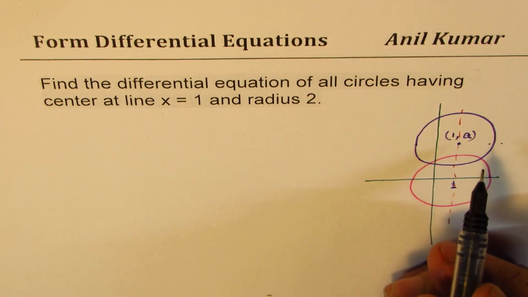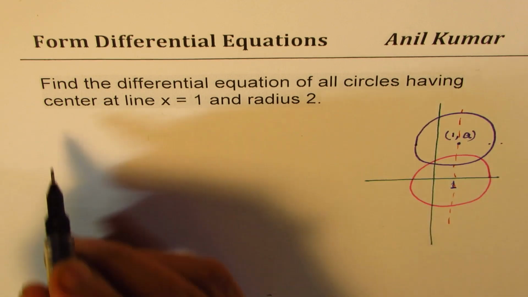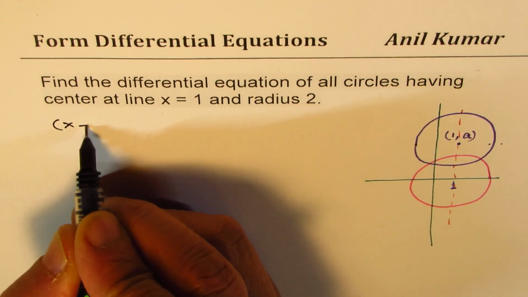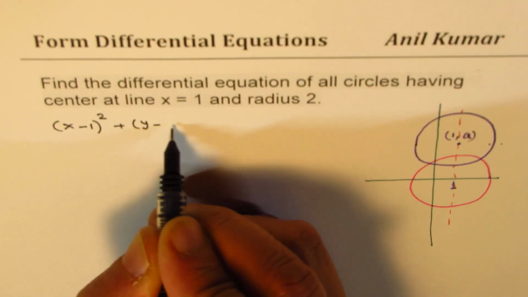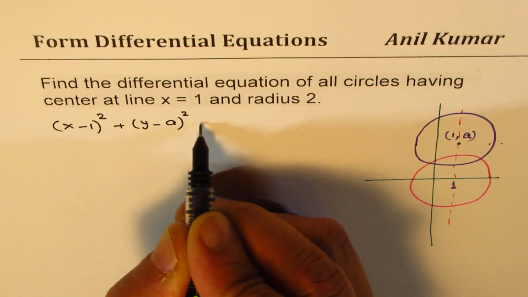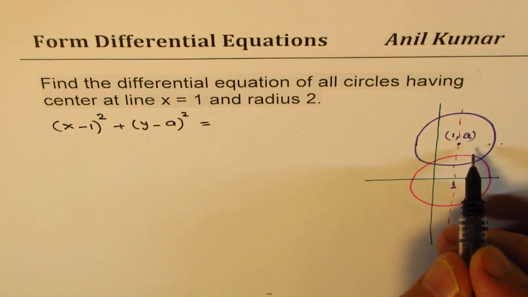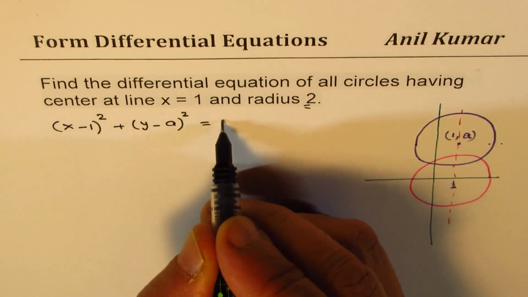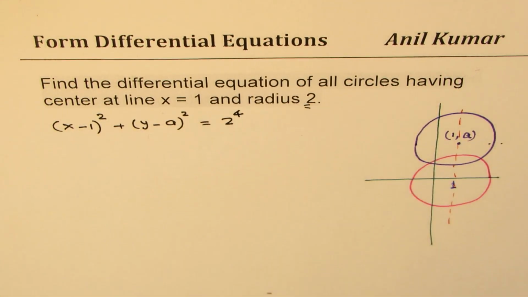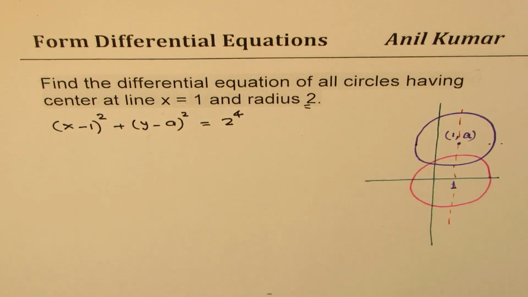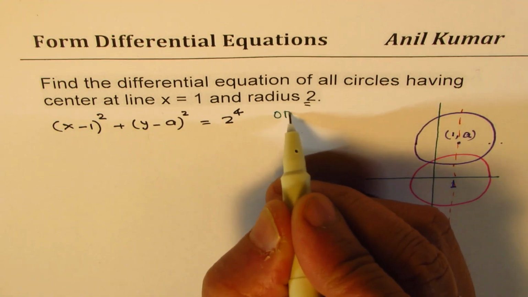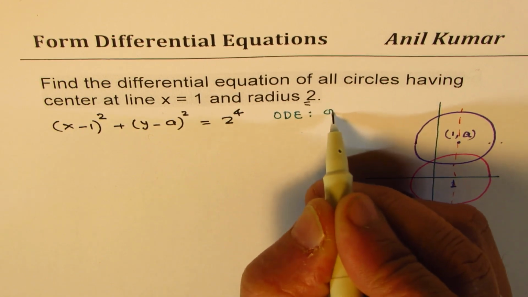Now we know the center is (1, a), and therefore the equation should be (x minus 1) whole square plus (y minus a) whole square equals radius square. Radius is 2, so we can write this as 2 square. We get our equation. Now in this, we have only one arbitrary constant, and therefore we are expecting an ordinary differential equation of order 1.